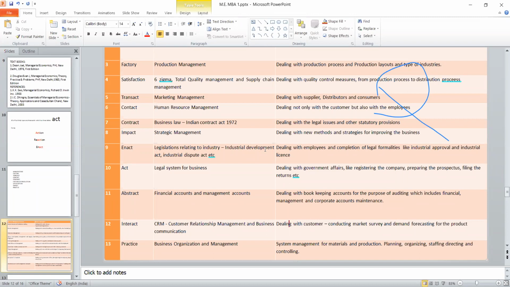Satisfaction: supply chain management, total quality management. Transact: marketing management. Contact: human resource management. Contract is Indian Contract Act. Impact: strategic management. Enact: your Industrial Dispute Act and other legal. Abstract is financial accounts, management accounts, and corporate accounts. Interact: customer relationship management and business communication. Practice is nothing but business organization and management.